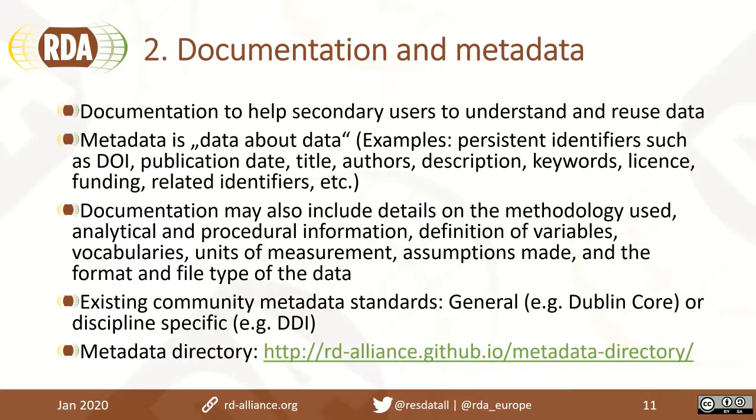So when you're looking to find the metadata scheme for the kind of data you're using, there is a resource by Research Data Alliance that might be helpful. You can find it on this GitHub link, the RDA metadata directory, where you can find, for the kind of data that you're collecting, what would be the most appropriate metadata.